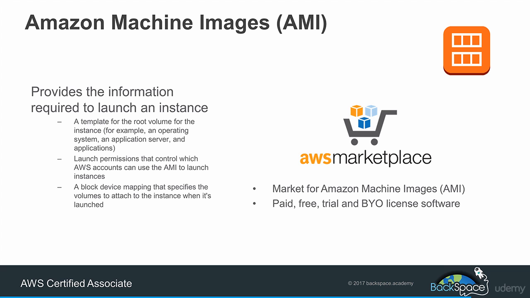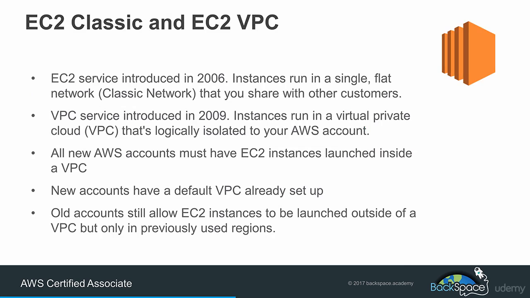There are free ones, there are trial ones, and there are ones where you can bring your own software. So you might be running Windows and Internet Information Server, and you'll bring your own license for that, and you can actually do that.